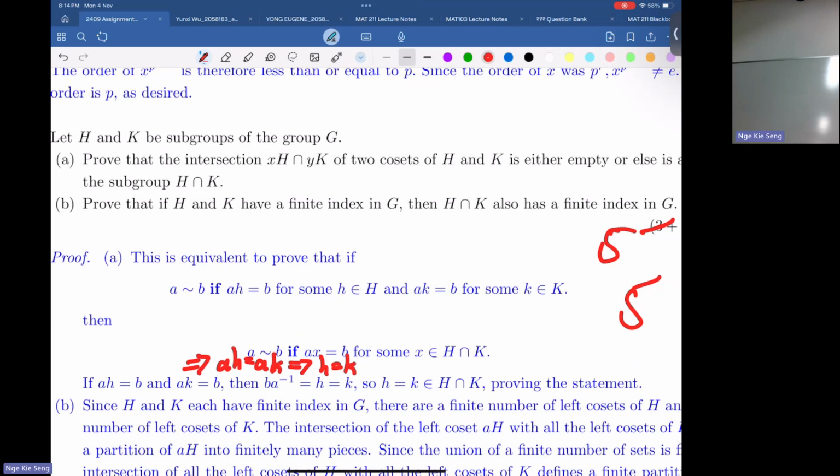But if h equals k, meaning what? h is in H, h is also in K. k equals h, k is in K, k is also in H. So what's the X you should pick here? You just pick either h or k. They are the same. Okay, just choose X to be h or k.